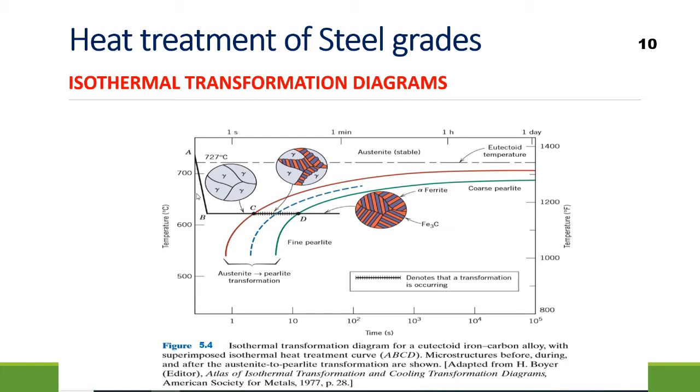Here, as you see, this line A, B, C, D is superimposed on the isothermal transformation diagram. And here AB means a rapid cooling of austenite to a particular temperature, and this temperature is just above 600 degrees Celsius. Next comes BCD, this line.